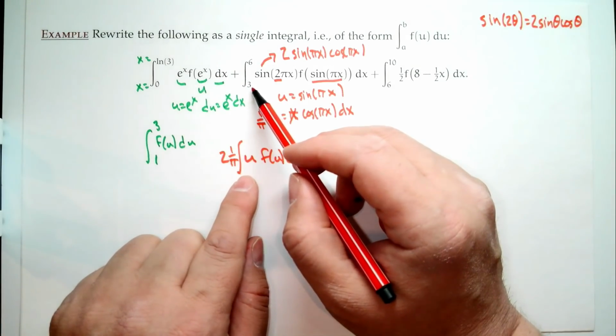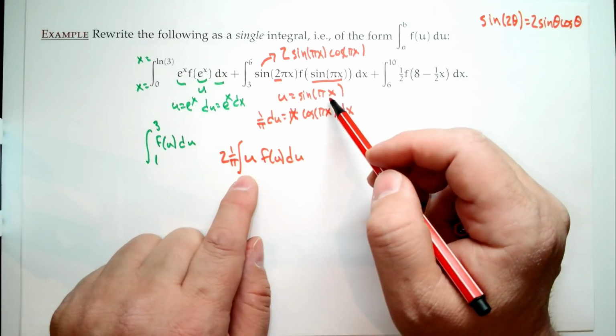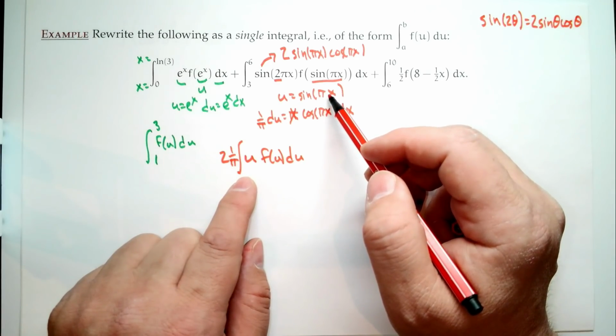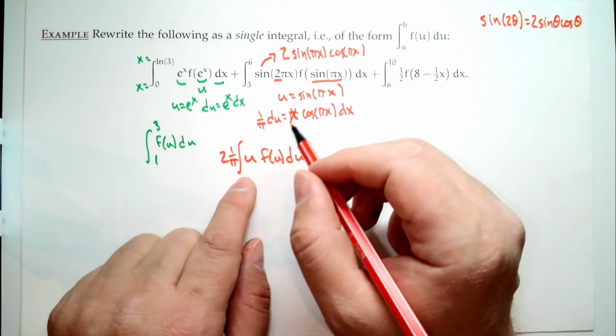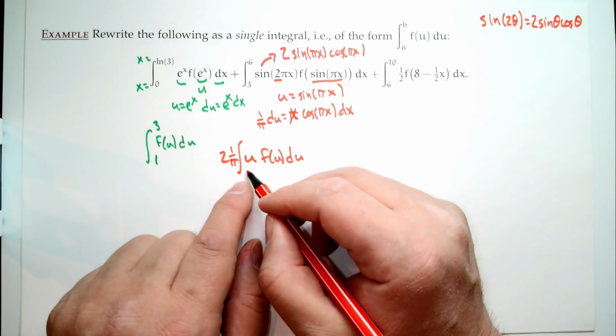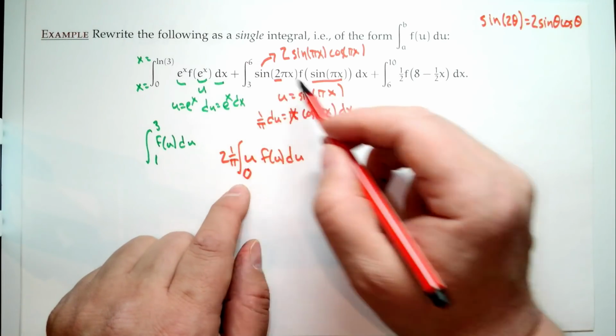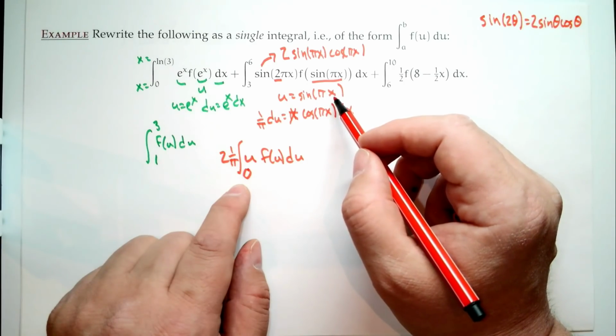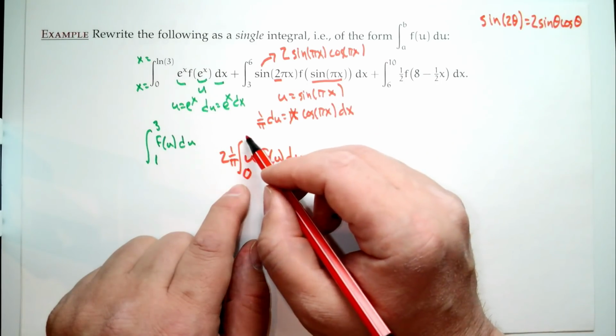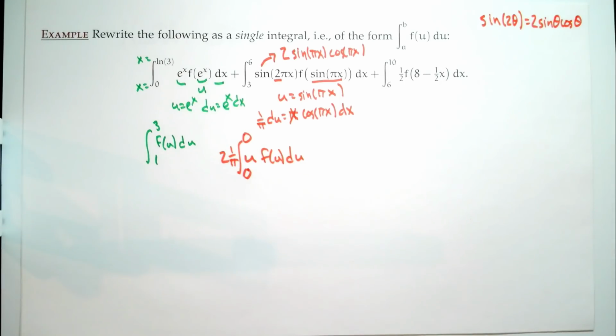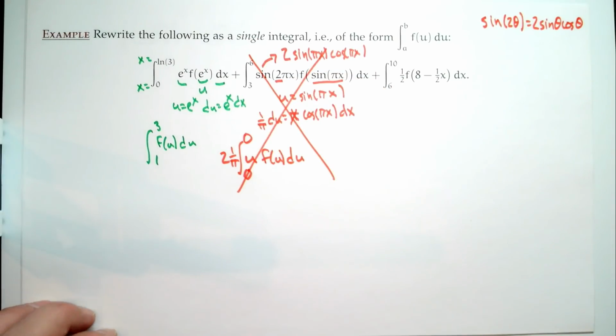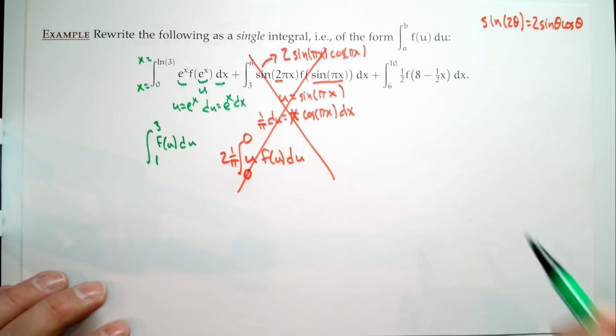Plug in x equals 3: sine of 3 pi, also known as 0. Plug in x equals 6: sine of 6 pi, also known as 0. What's that integral going to become? 0, which means this middle part goes away. So it's okay that it looks terrible because it's just a bad way of writing 0. Or maybe it's a great way of writing 0. It just depends on your perspective.